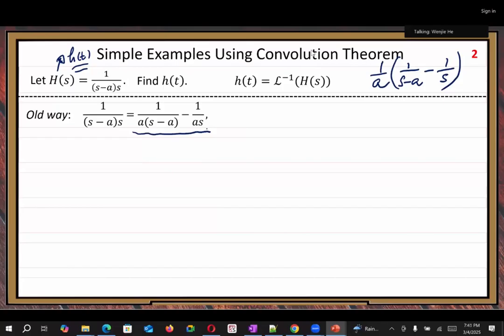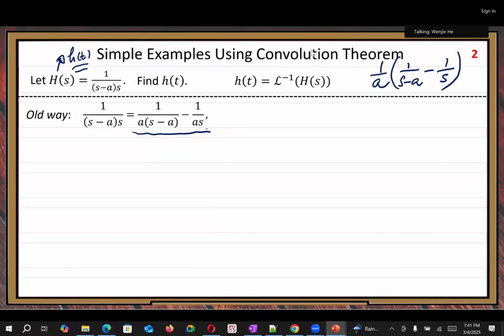Some students just apply the partial fraction way. You can do it, but usually you need more time. When you use partial fractions, you need to think about how long it takes; you need several minutes.